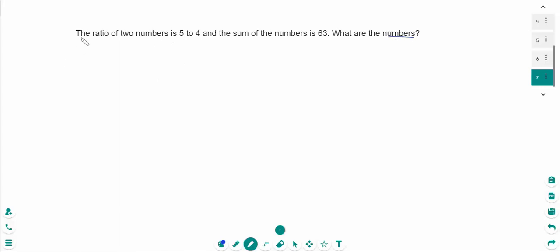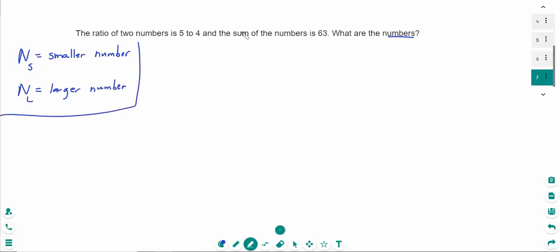What are the numbers? So one is the smaller number, n sub s, and n sub l will be the larger number. There are our variables.